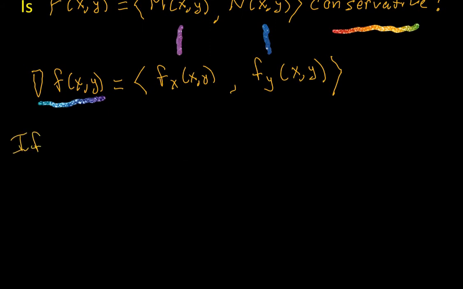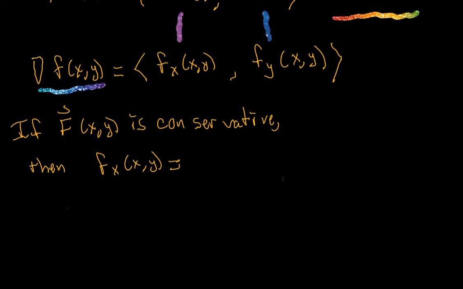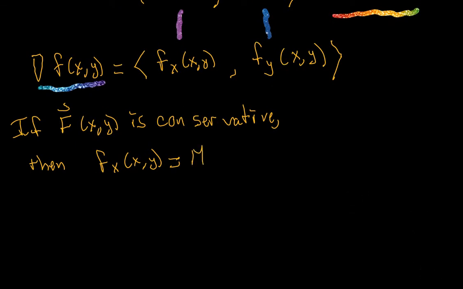If capital F of x and y is conservative, then we know that the x partial derivative would be equal to the M term, and the y partial derivative would be equal to the N term.